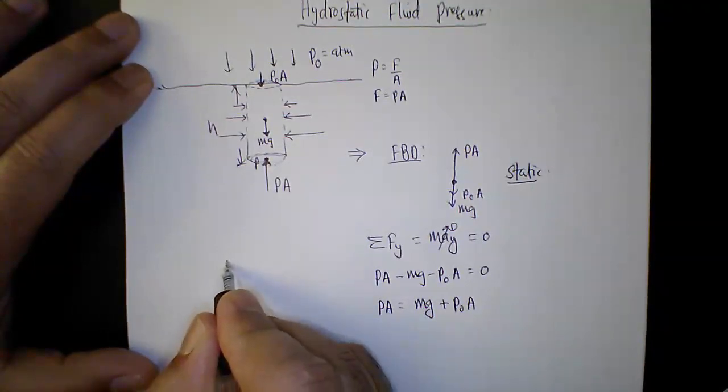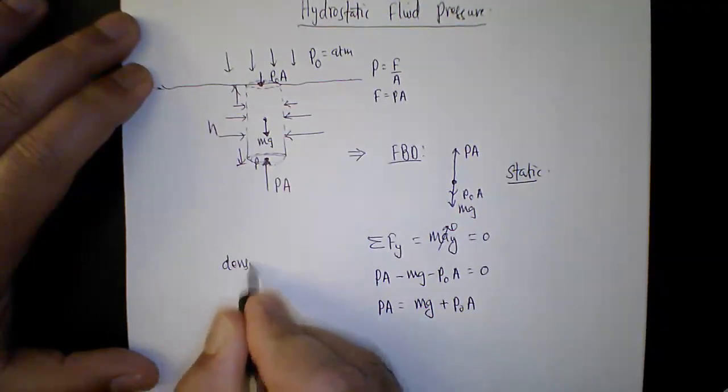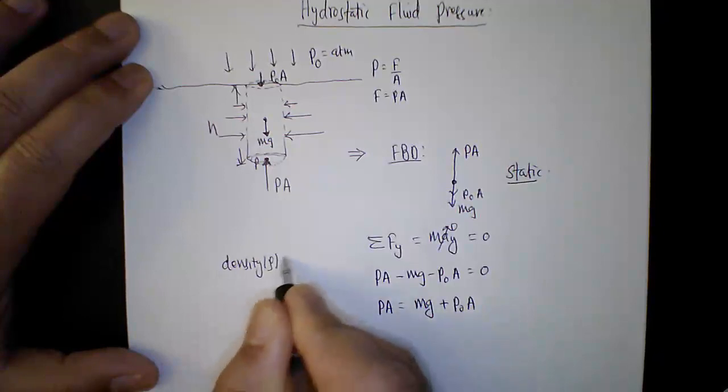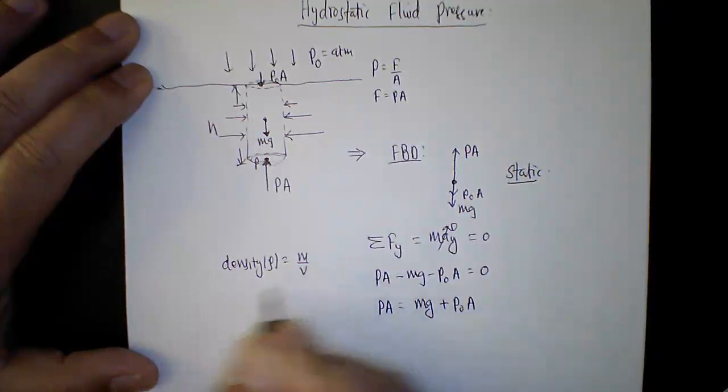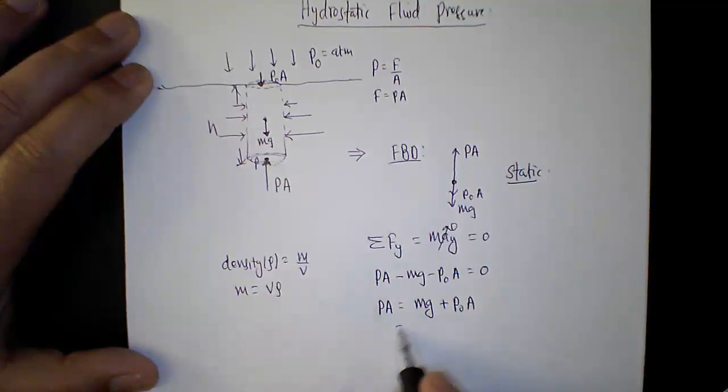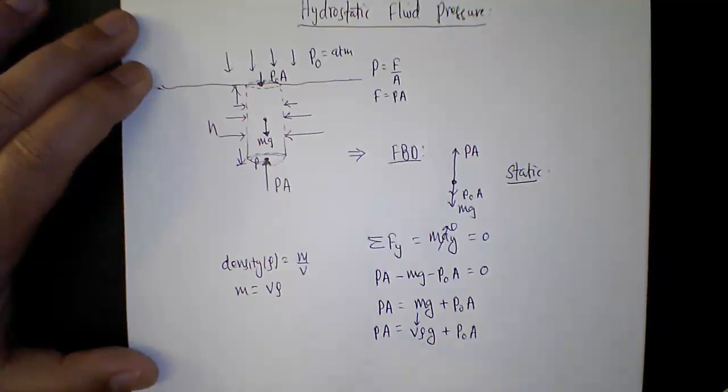From the definition of density, rho is mass over volume, so mass will be volume times density. So mass can be converted to volume times density, times gravity, plus P0A, equals PA.